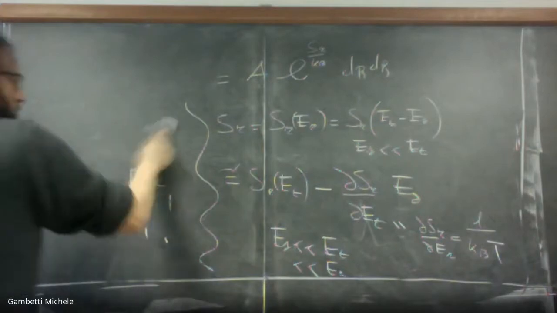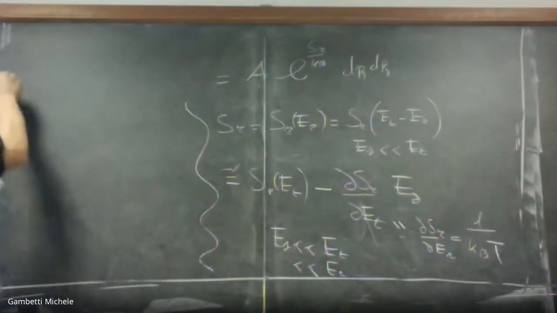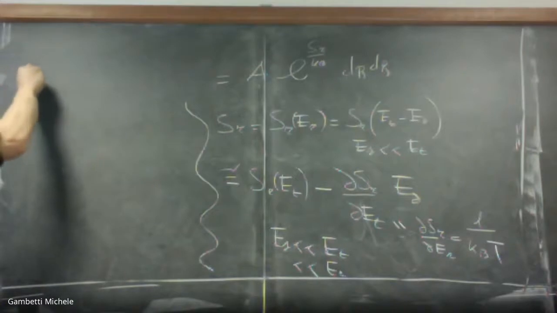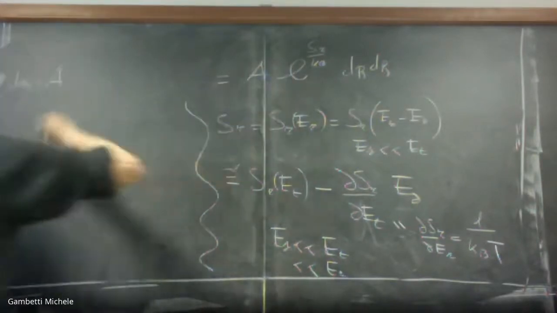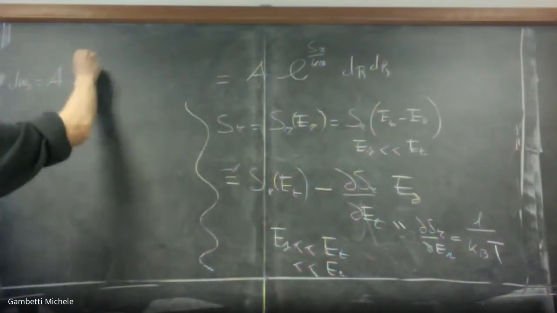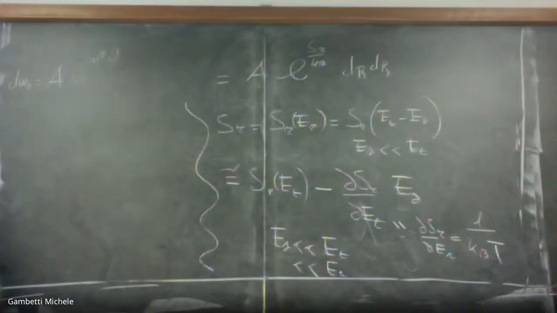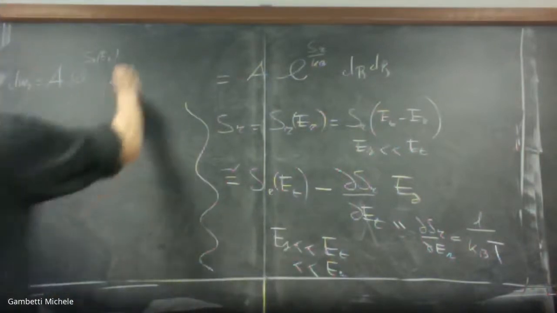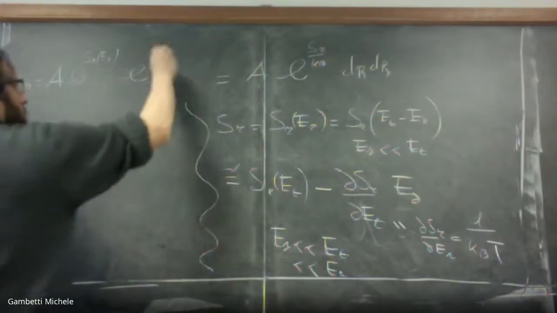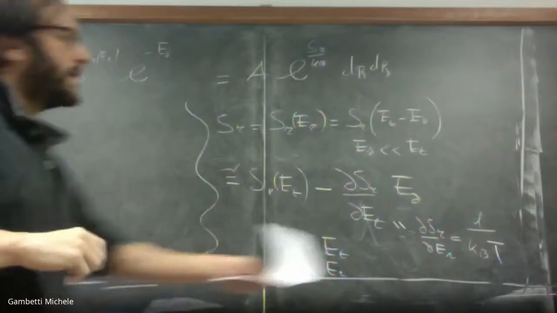So therefore, I'm almost done, in the sense that d omega S is now a constant A times, instead of this exponential, I can write e to the SR of ET, which is this term here, times e to the minus ES divided by kBT.